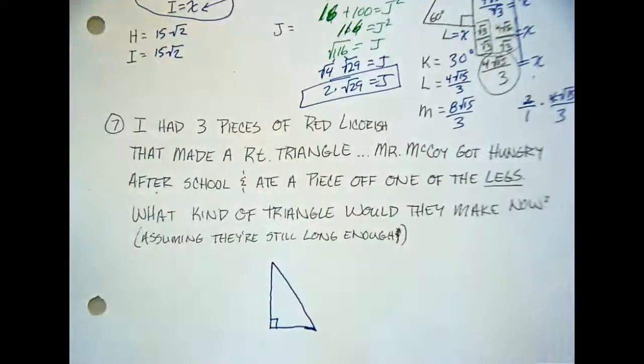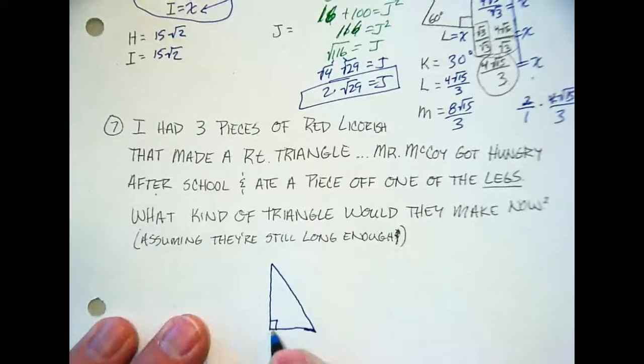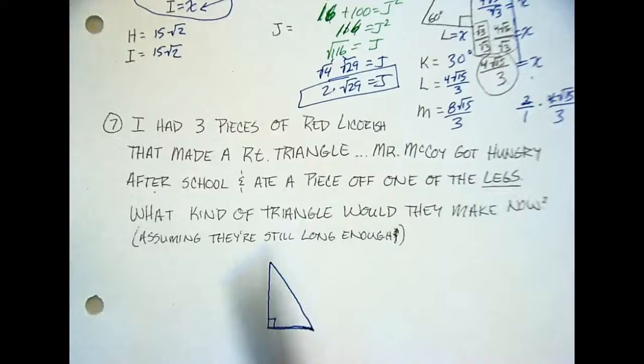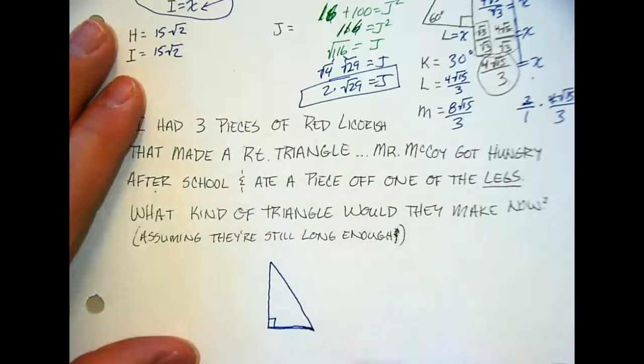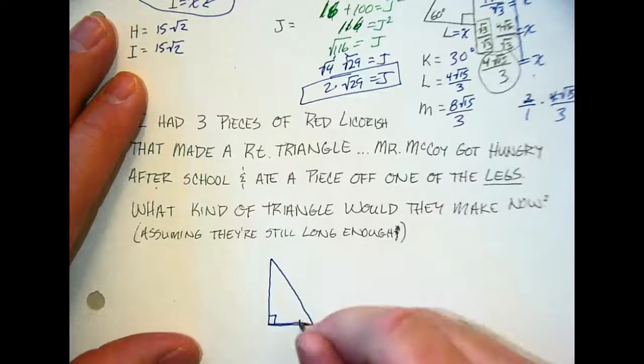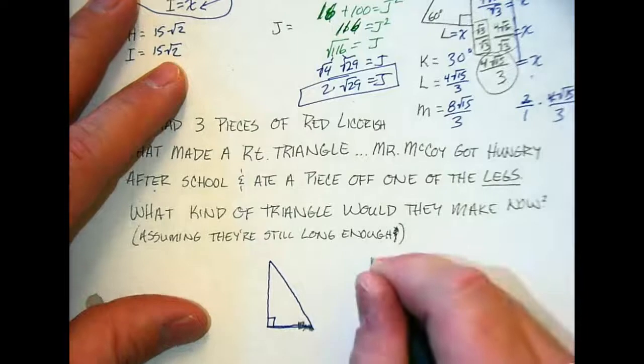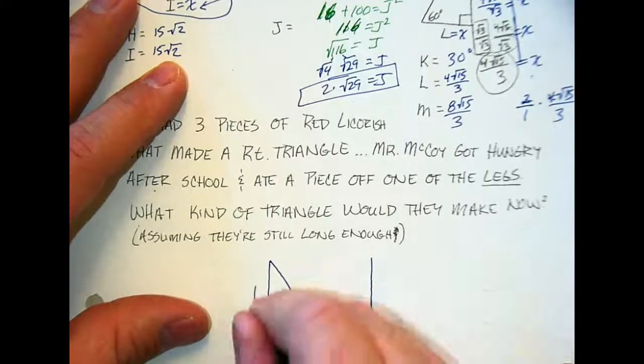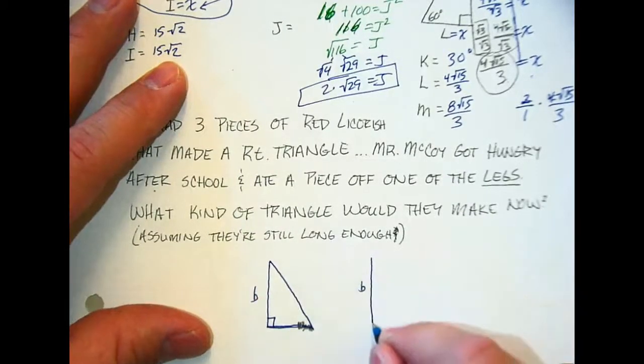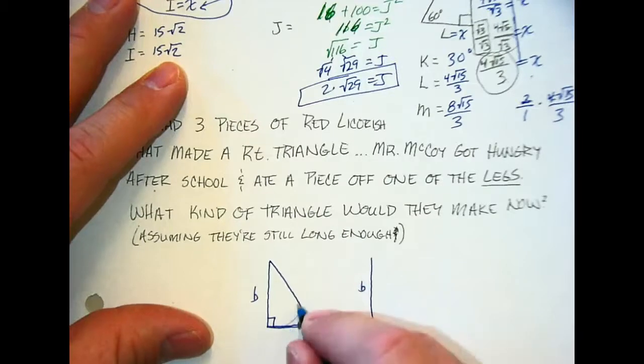Okay. Made a right triangle. I got hungry and ate one of the legs. What kind of triangle would it be now? So I ate this piece right here. How do I make that into a triangle? You move it over. Good, so the leg that stayed the same, if we called this B, that stayed the same. This leg has to now slide inward or outward?